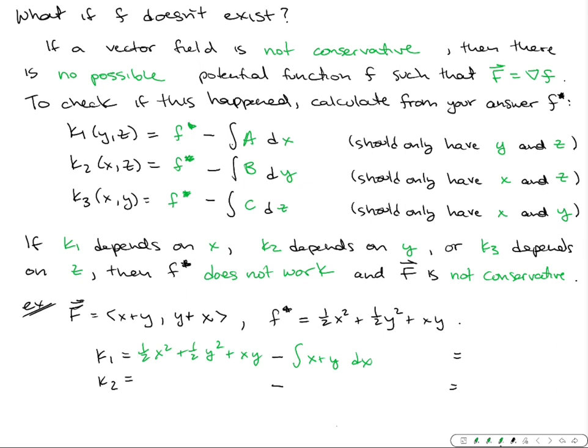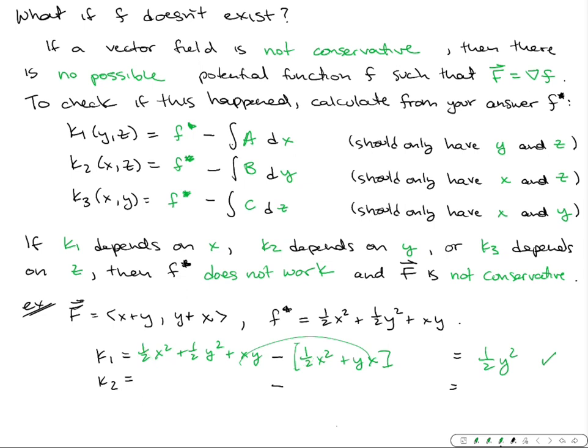We calculated that already as part of the problem: the integral of x plus y with respect to x was 1/2 x squared plus yx. If we do this subtraction, we get 1/2 x squared minus 1/2 x squared and xy minus yx, so we're left with 1/2 y squared. That depends on y, it doesn't depend on x, so we're okay there.